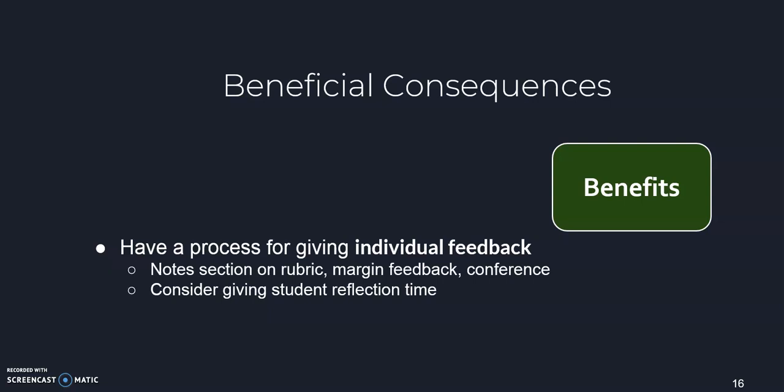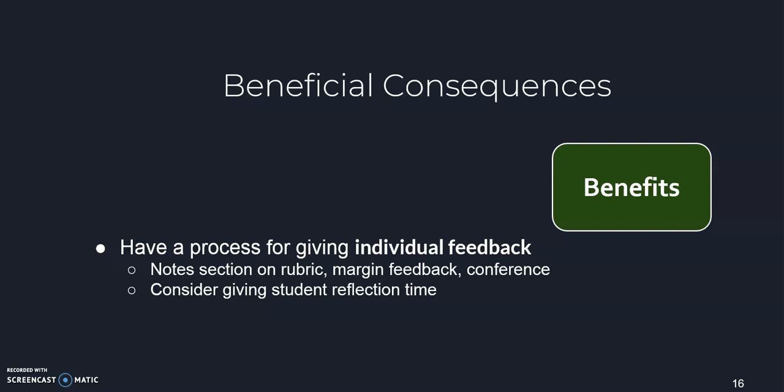Another way to build or strengthen the beneficial consequences with analytic rubric is to have a process for giving individual feedback in addition to just the scores in the analytic rubric. Maybe that's notes in a note section in the rubric, either for each of the categories, or maybe just general, maybe margin feedback or conferences, and give students time to reflect on that.